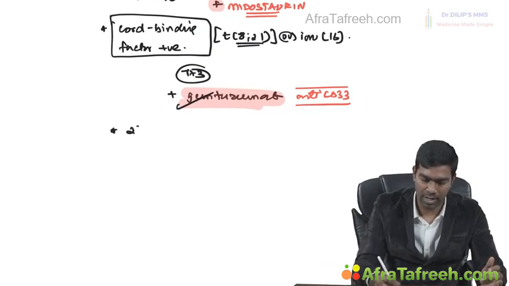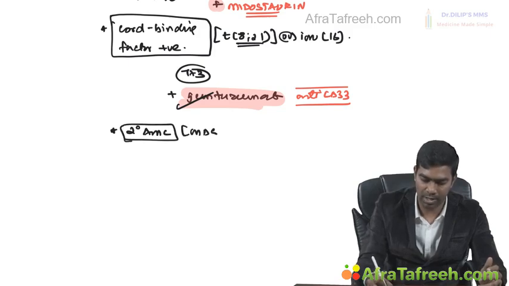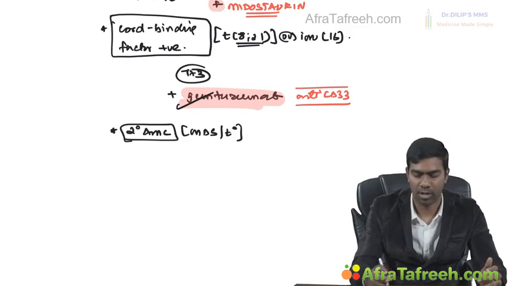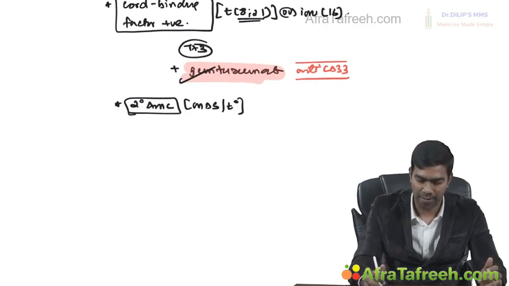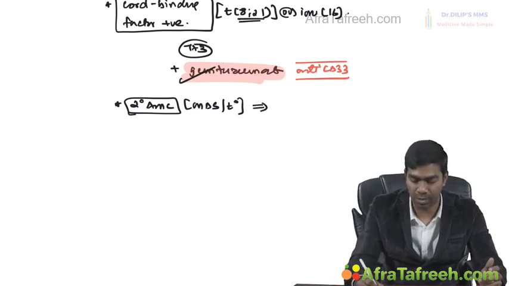And then you have secondary AML, that is treatment related AML or MDS, either MDS related or treatment related AML. So in this condition, usually you are going to put a regimen called CPX351.